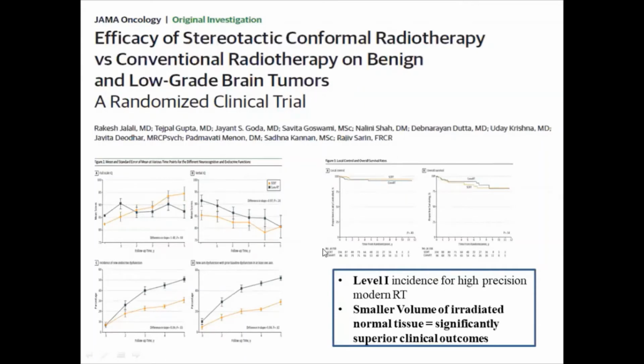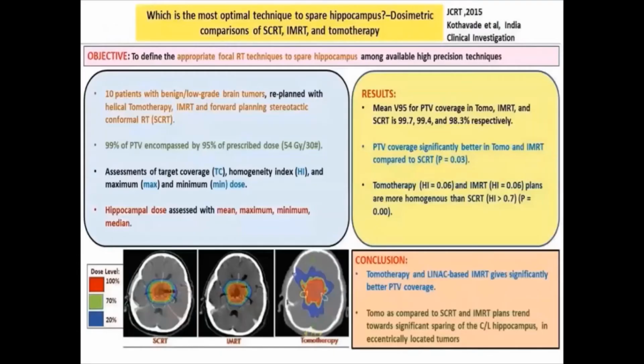And it showed this level 1 evidence for high precision modern radiotherapy. A smaller volume of irradiated normal tissue has significantly superior clinical outcomes. So this is another study that shows which is the most optimal technique to spare the hippocampus.